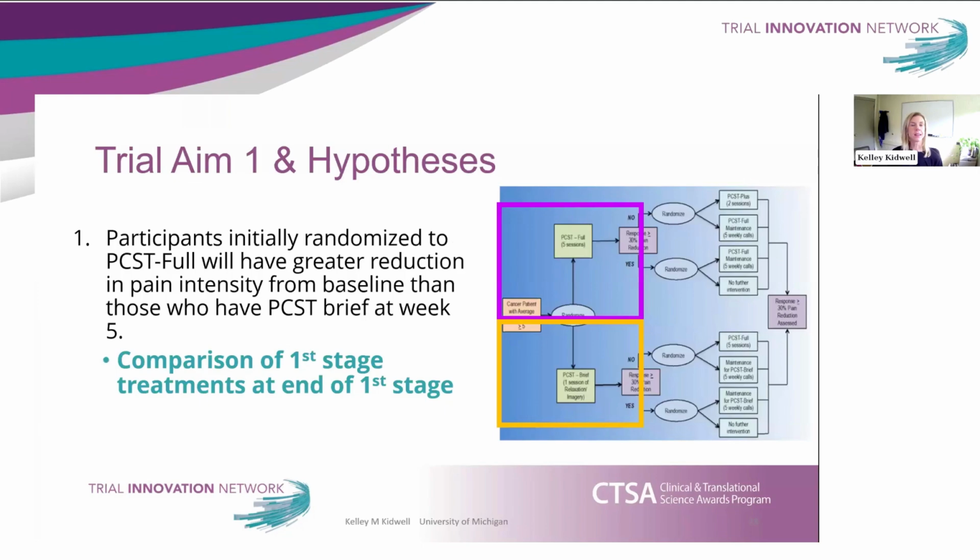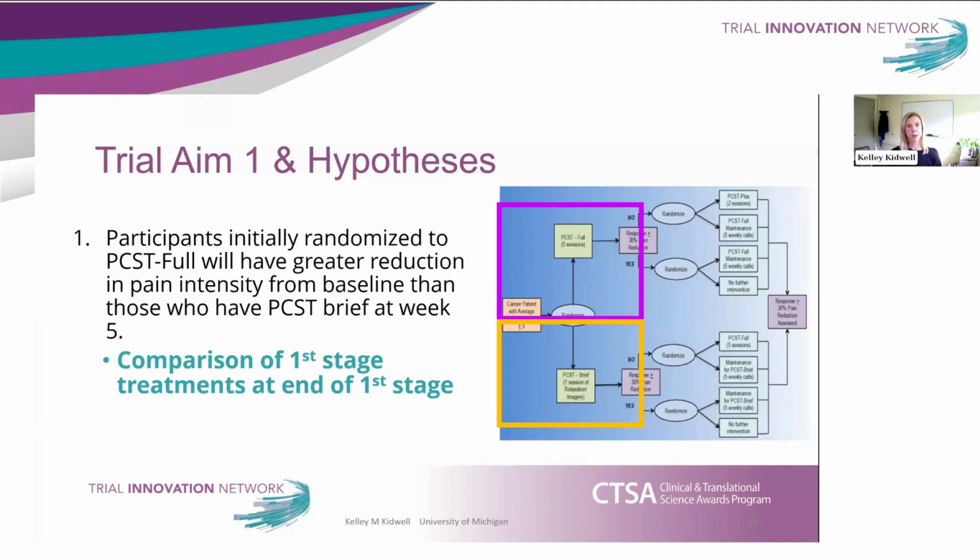So here's how they wrote their hypotheses, and these are very common hypotheses for SMART designs. So again, this is a reason why I chose this as an example. I'm not the statistician on this trial, but it's a phenomenal example because of the literature that exists and because it really exemplifies what people often do with SMART designs.